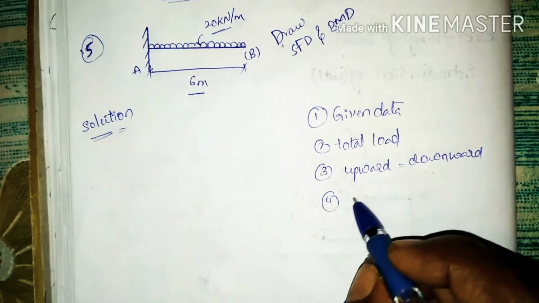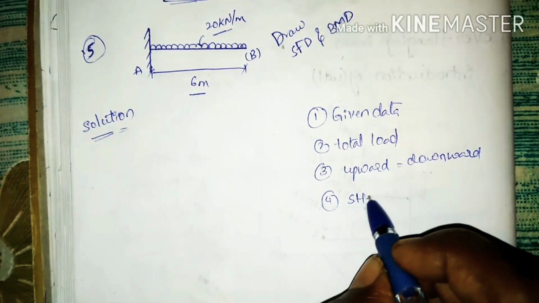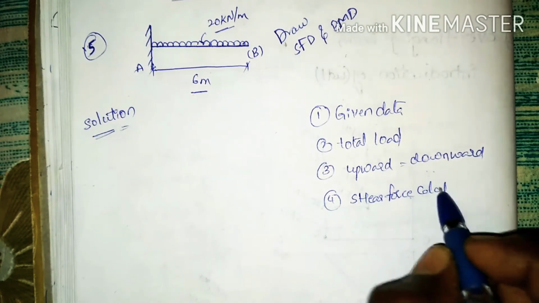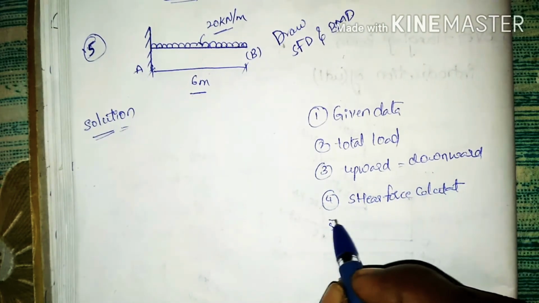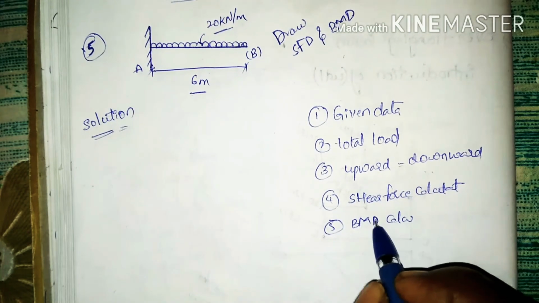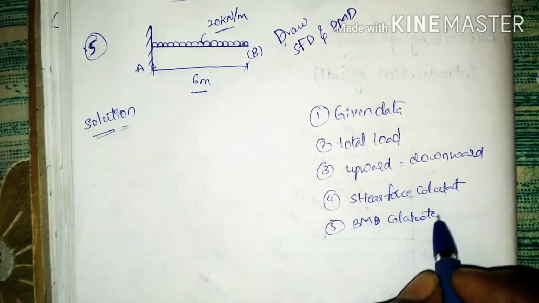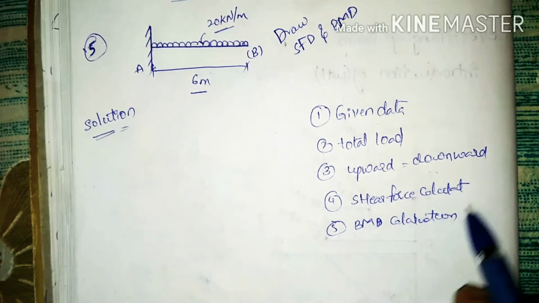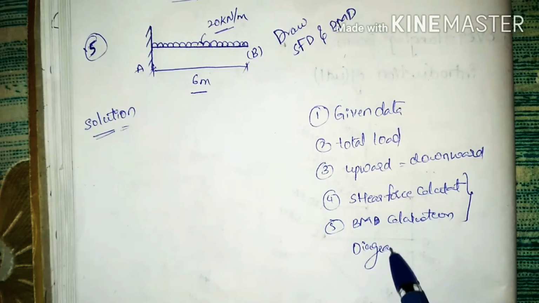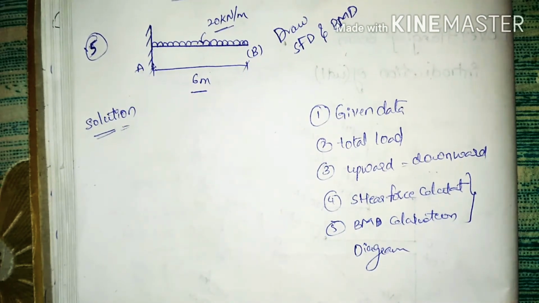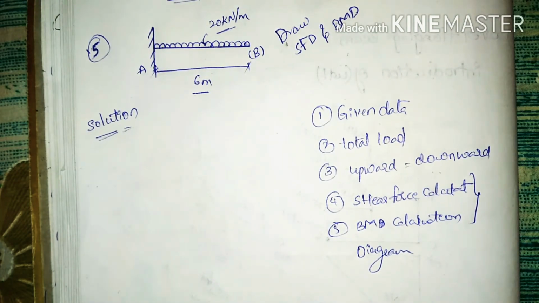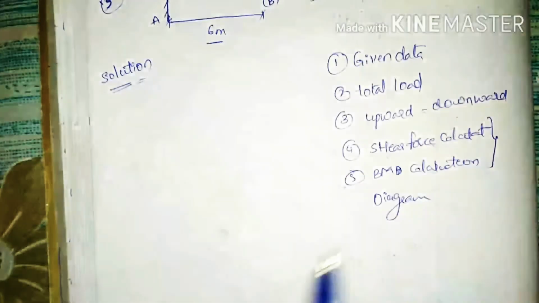Number 4, shear force calculation. Number 5, bending moment calculation. From these two, we are going to draw the diagrams. In just these 5 steps, we can complete any problem of shear force and bending moment.